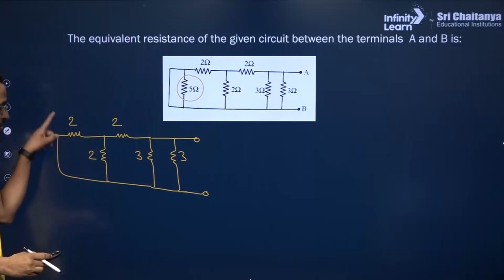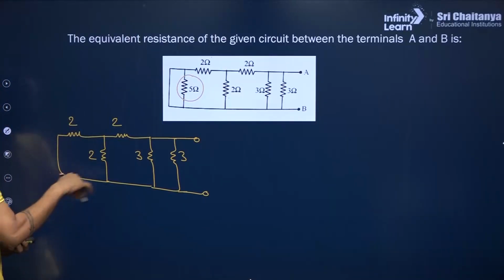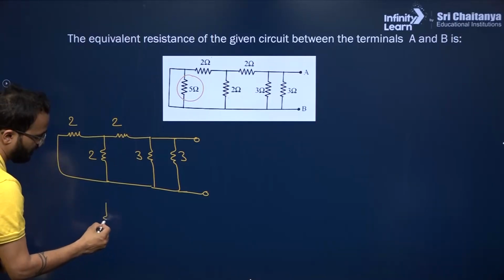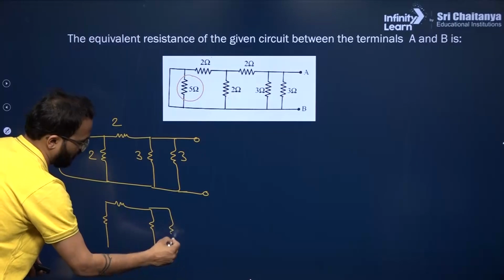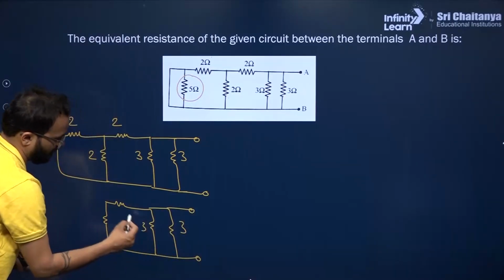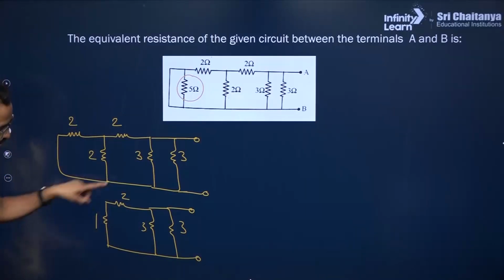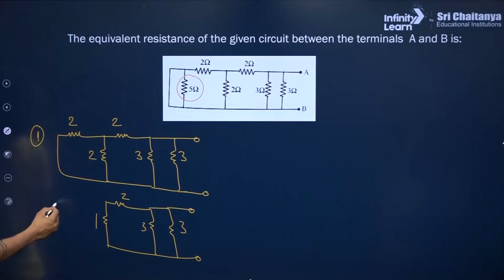Cool. Now these 2 and 2 are in parallel, so they will become 1. So it will be like this: 3, 3, 2 and 1. Now this 2 and 1 in series will become 3. This is the first step, this is the second step.